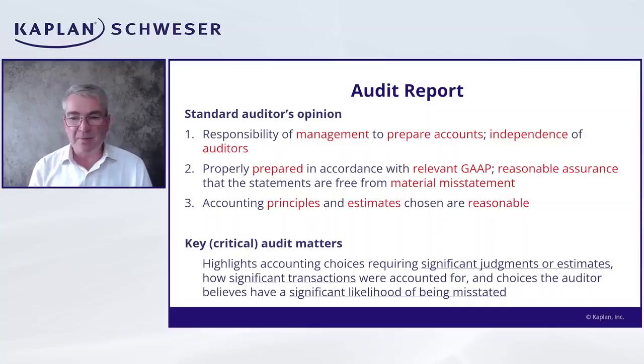So properly prepared with the correct accounting standards, and free from material misstatement, free from material errors in the accounts, free from either omissions or misstatements of amounts, or accounting principles that have been misapplied so that the figures in the accounts don't reflect the true economic substance. Okay, so free from material misstatement. And accounting principles and estimates chosen are reasonable.